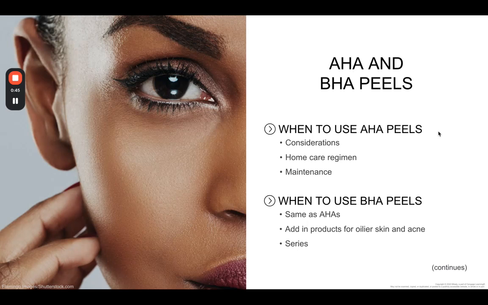For your alpha hydroxy acids, you want to have a home care plan that works in tandem with your in-office clinical treatments.